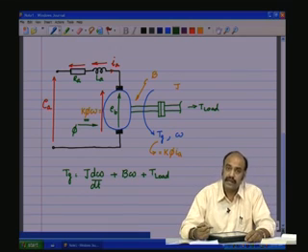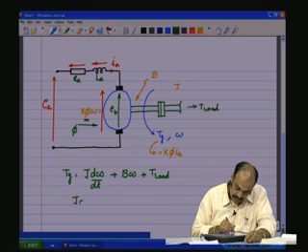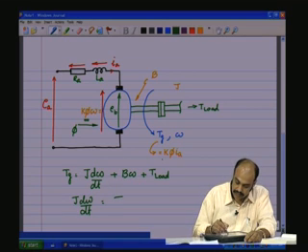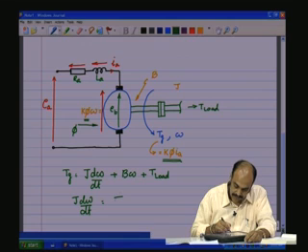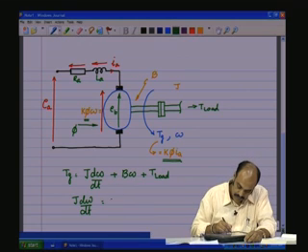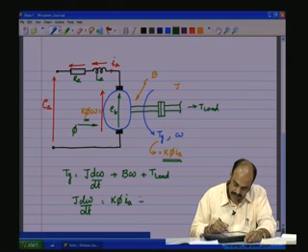All this should be generated by Tg. So J d omega by dt will be equal to Tg. Now Tg can be expressed in terms of the state variables as k phi IA minus B omega minus T load.